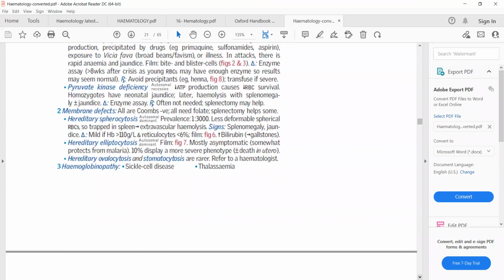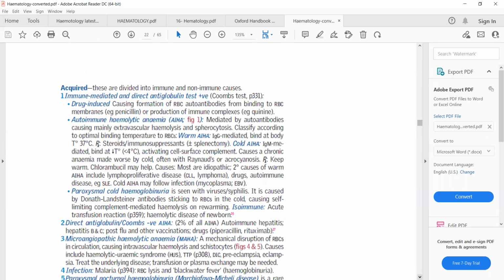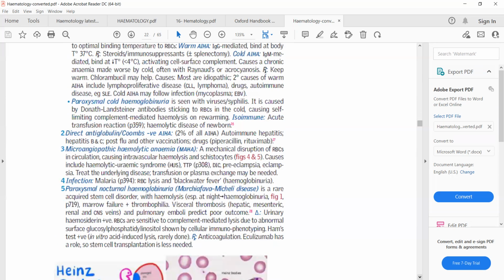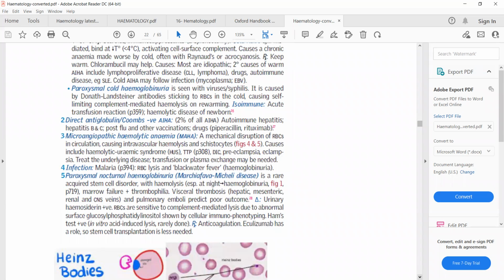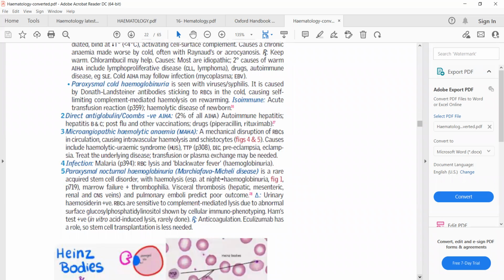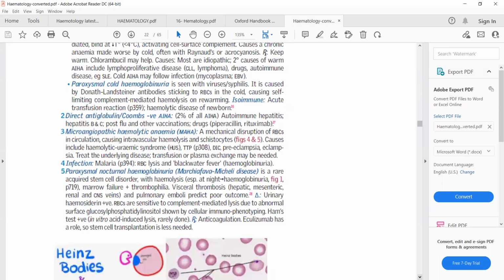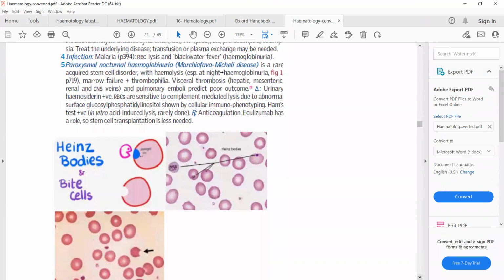These are some hereditary causes of hemolytic anemias. Acquired causes of hemolytic anemias include autoimmune hemolytic anemia, microangiopathic hemolytic anemia, infection such as malaria, and paroxysmal nocturnal hemoglobinuria. We'll discuss these causes of hemolysis one by one in detail.